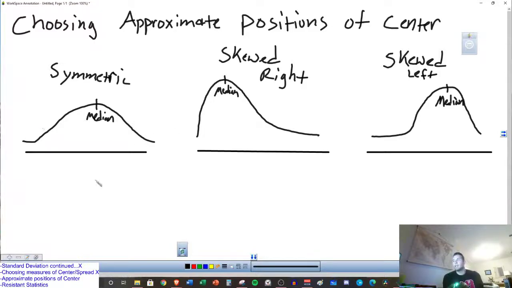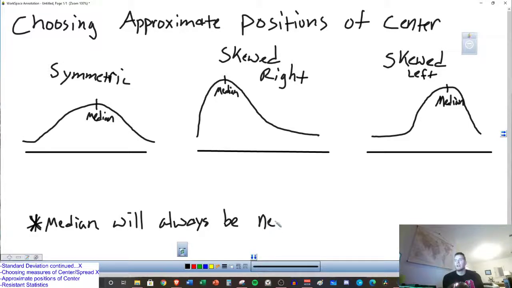So we're going to make this little point here. Median will always be near the peak, or we'll call that mode.